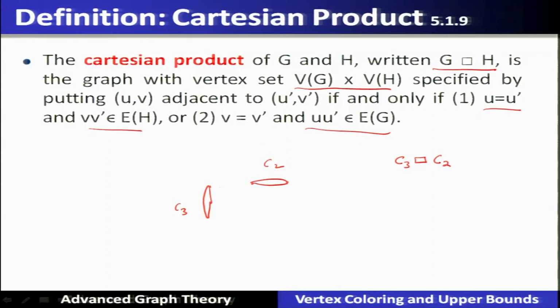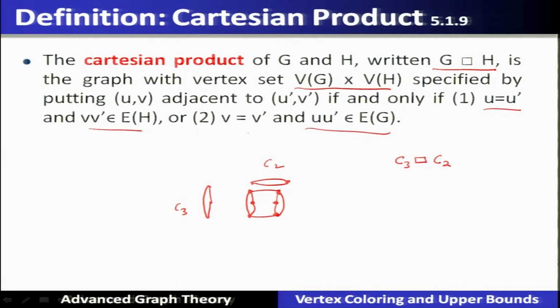So, this particular vertex, if we take a Cartesian product, what will happen? Let us see that these two vertices will join and basically form this one, and then again another pair of vertices, and this is also joined.